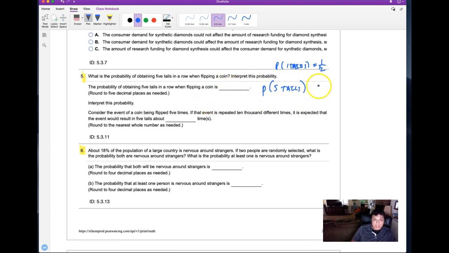And so in this case, your answer is just 1/2 times 1/2 times 1/2, 5 times, because the probability of getting the tails in the first one has no influence on the second one, no influence on the third one. The coin doesn't remember what it flipped. And so in this case, as a shortcut, we would say 1/2 to the power of 5. And so that's the probability of getting 5 tails in a row.